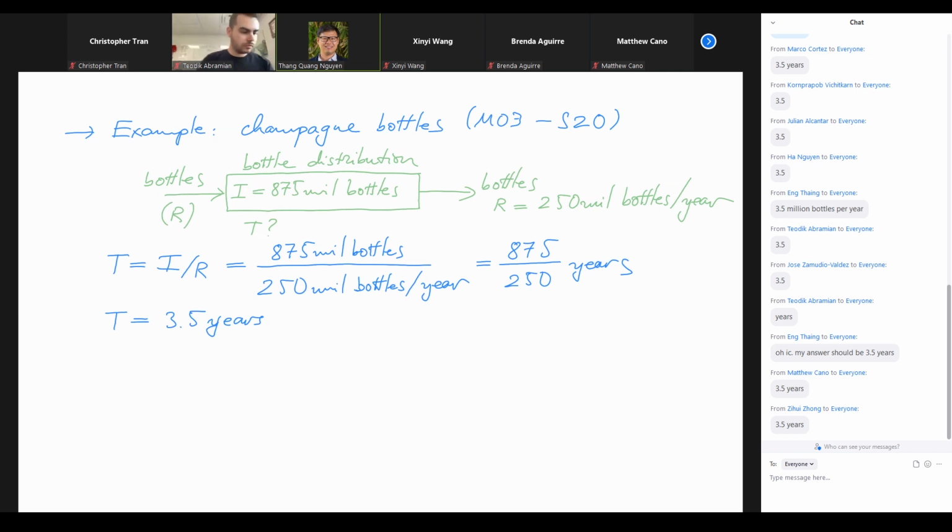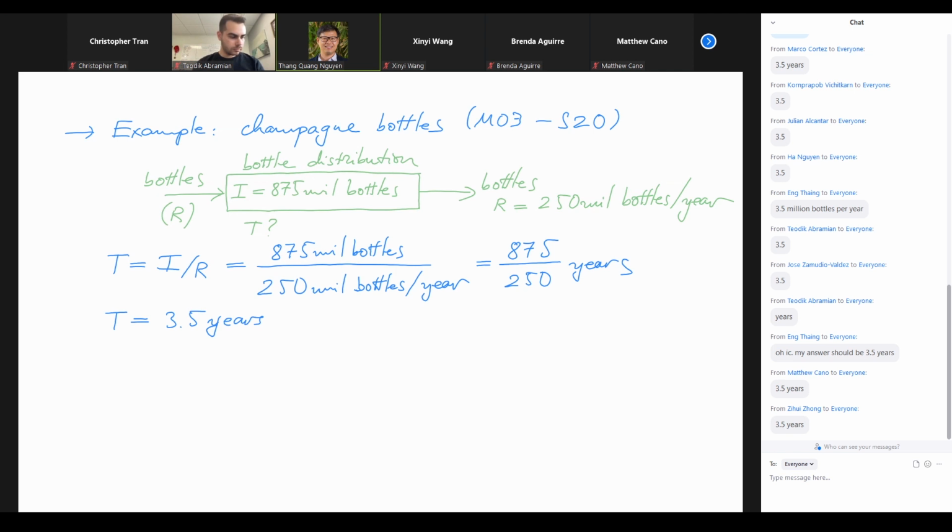right? So it's interesting to know that even though we cannot track millions of bottles, if we can calculate the average flow time among millions of bottles, we're going to have 3.5 years. But then as a manager, we look at this number and we ask ourselves what to do with it. Remember, the champagne will need to stay in the big container in the cellar for some time. It ages a little bit already, and then it takes about 3.5 more years for it to age.